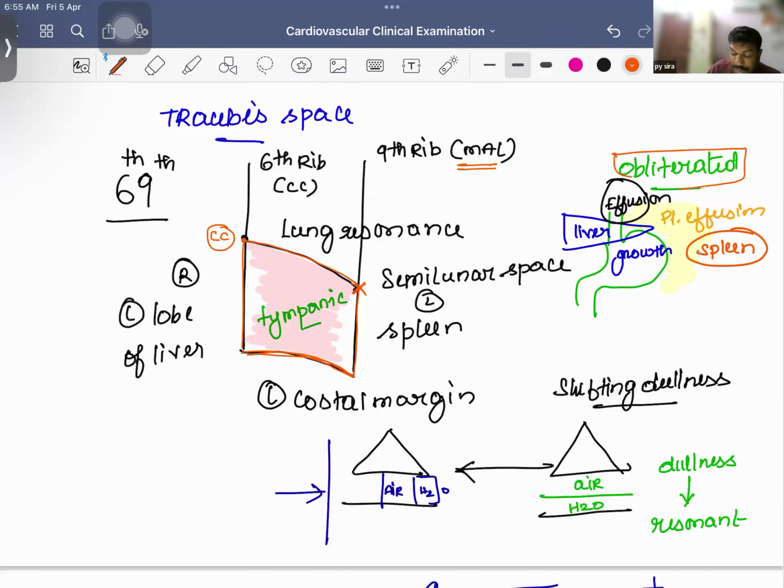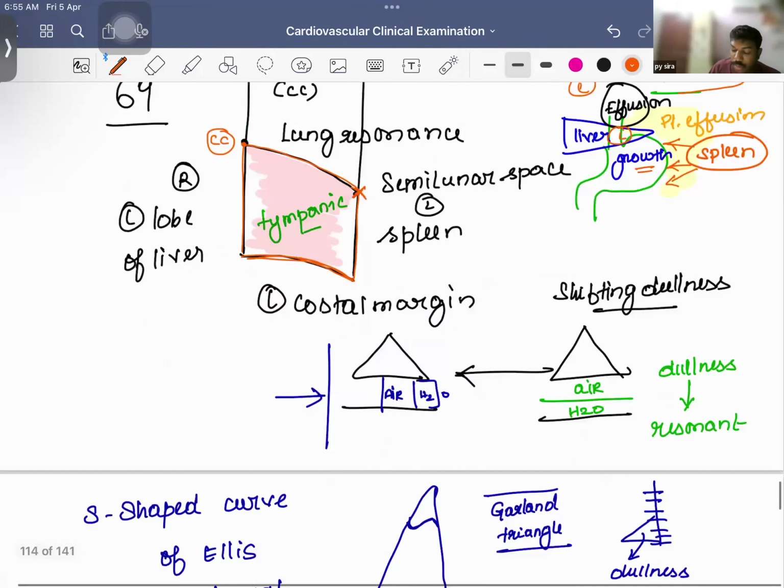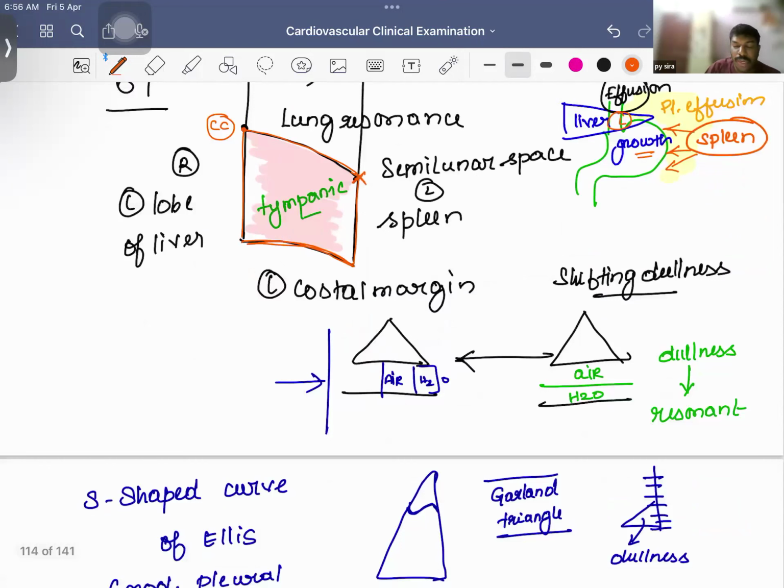Whenever there is a left pleural effusion, left lobe of liver enlargement, or a growth in the fundus, or your spleen is getting expanded, in all these conditions there is going to be obliteration of the drop space.